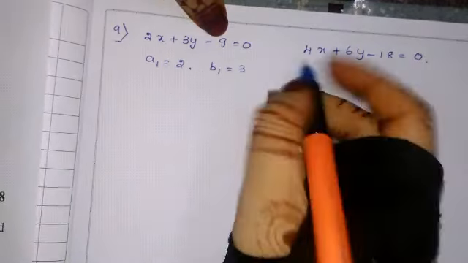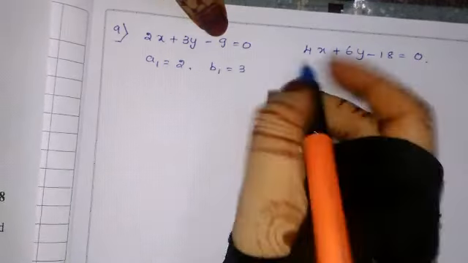Like that only, B1 upon B2 is 3 upon 6. 3 ones are 3, 3 twos are 6. Like that only, C1 upon C2 is minus 9 upon minus 18. So minus minus cancel, 9 ones are 9, 9 twos are 18.